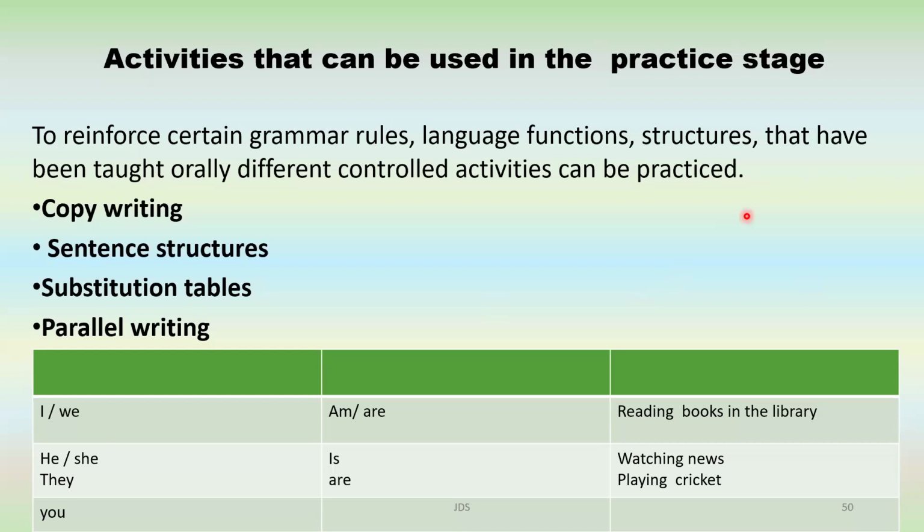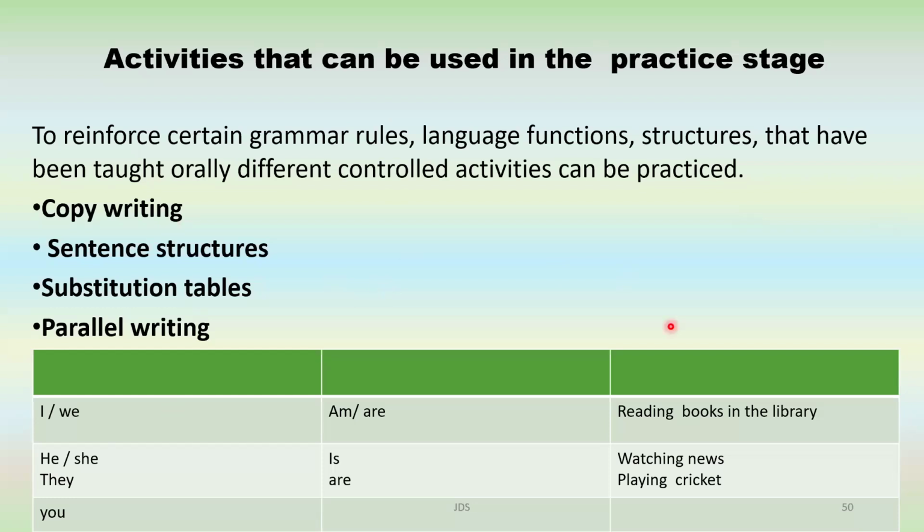With average learners, mostly parallel writing works very well. The skeleton or the basic structure is given, but the rest of the vocabulary and the information needs to be changed. So all these can be done during the practice stage.